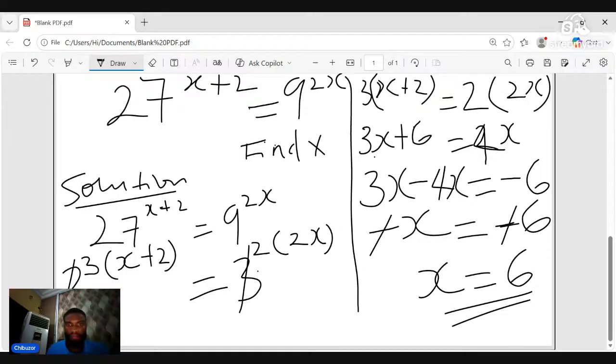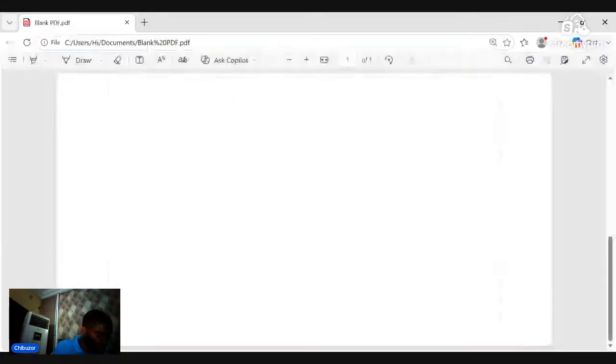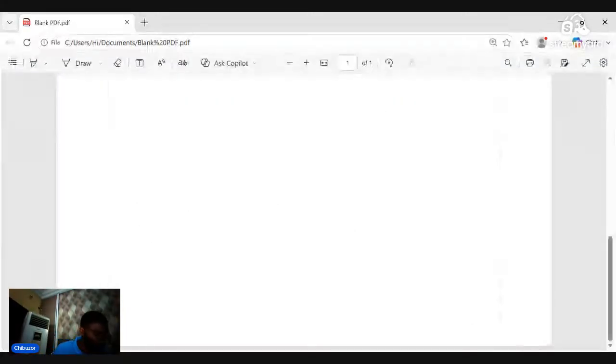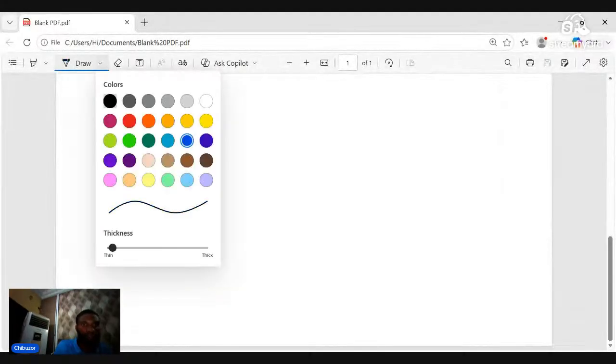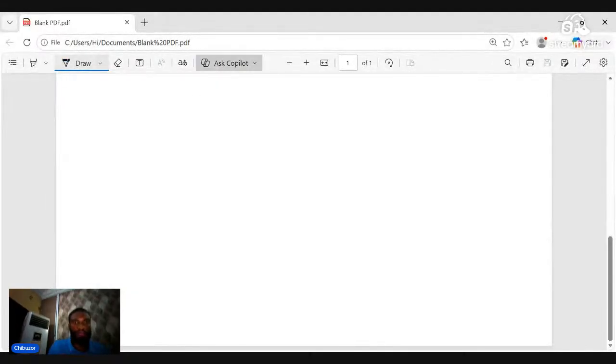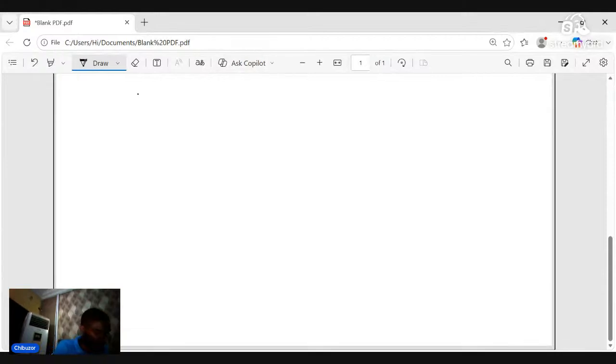Okay, let's attempt this one. This one is quite tricky, but I believe if you put to use the steps we've already studied, it will be quite easy for you to solve.